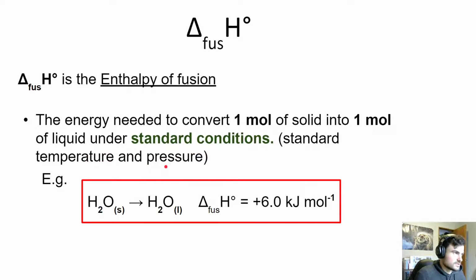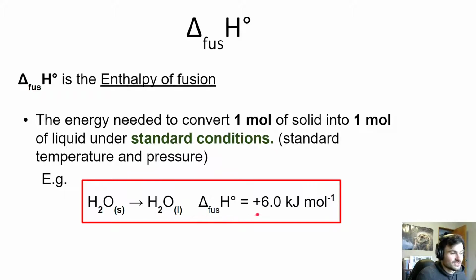Standard pressure is 1 atmosphere, which is just what we feel on the surface of Earth, and standard temperature tends to be around 25 degrees, room temperature. So, for example, if we take solid ice, so this is solid H2O, and we want to turn it into liquid water, this is going to require some energy.